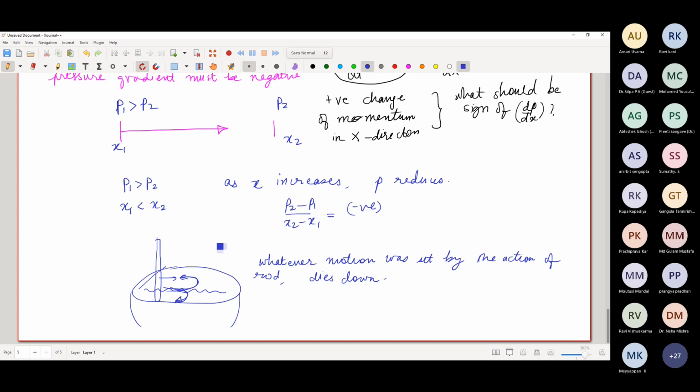Why? What could be the mechanism for this? Viscosity. Yes, the answer is viscosity. So viscosity is the only mechanism in fluid flow that is responsible for dissipating energy in the flow.